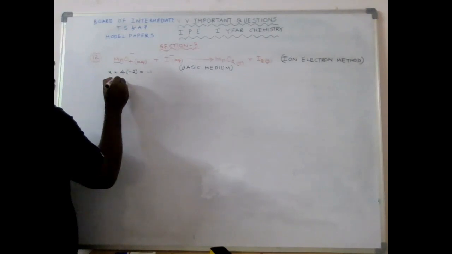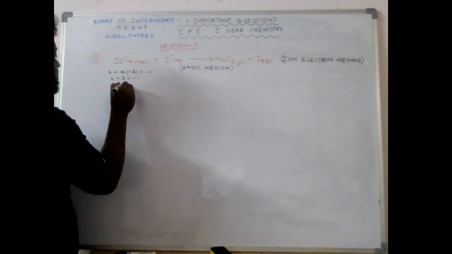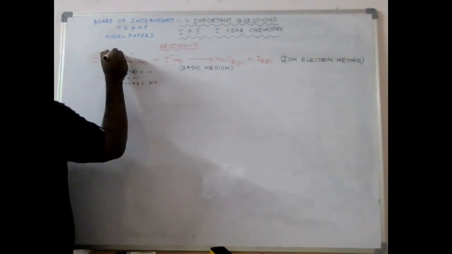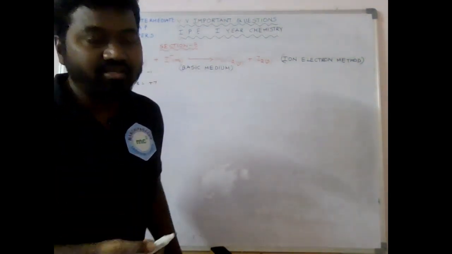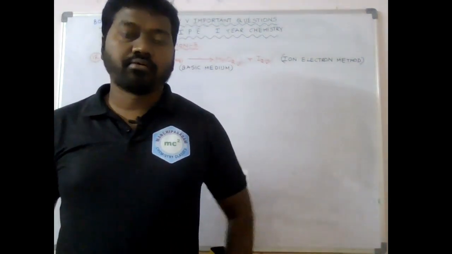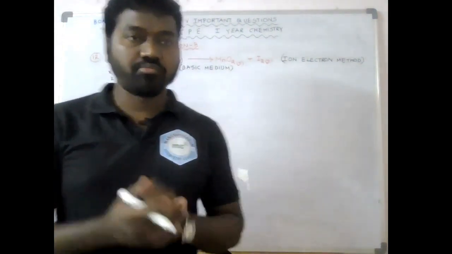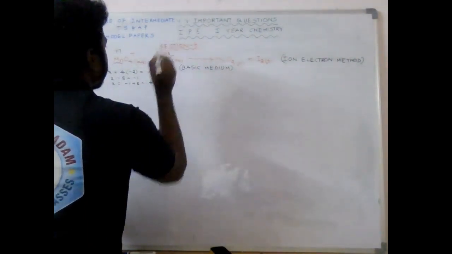So X plus 4 times -2, that is -8, is equal to -1. X is equal to -1 plus 8, which is +7. So the oxidation state of manganese here is +7. For I minus, the charge is equal to its oxidation number, so the oxidation number is -1.